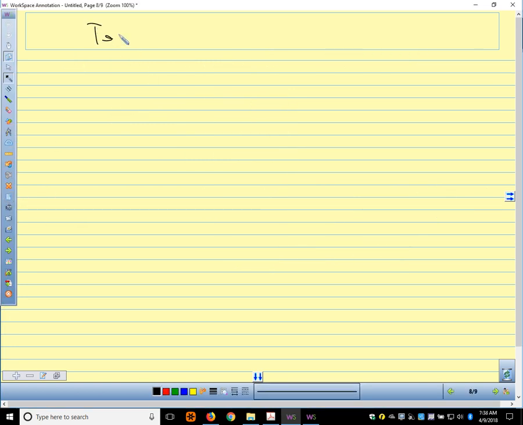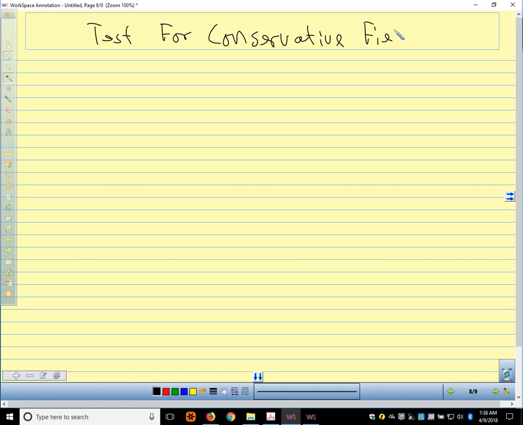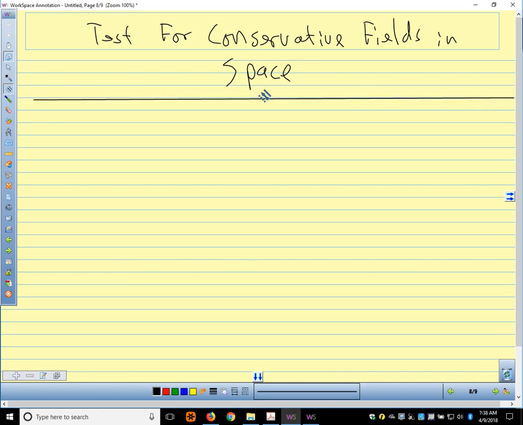All right, the test for conservative vector fields in space. Well, based on what we've talked about, you might guess what it is.